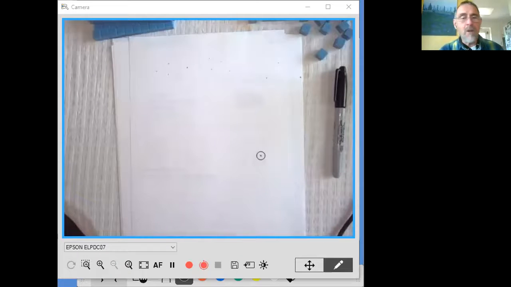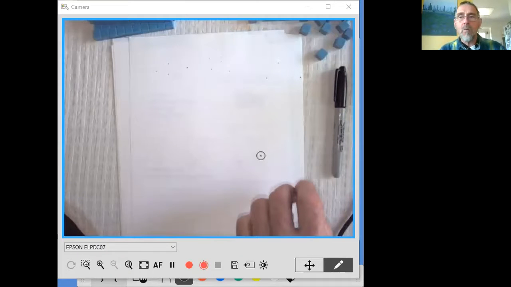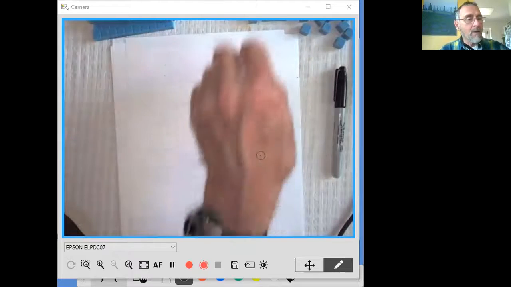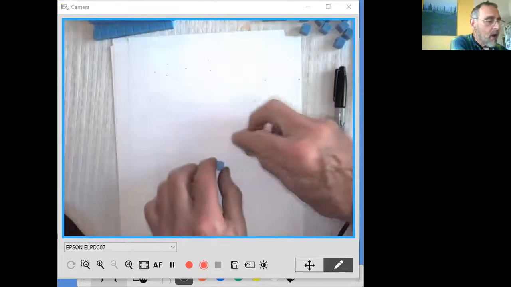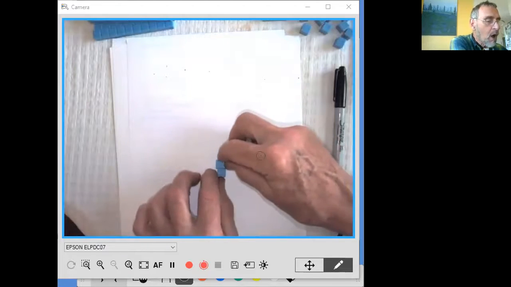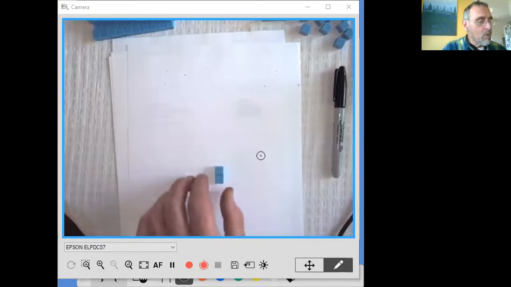Here we go. We have been using pennies for ones, but we can also use these little blocks. I can put these blocks in a row and we can count them.